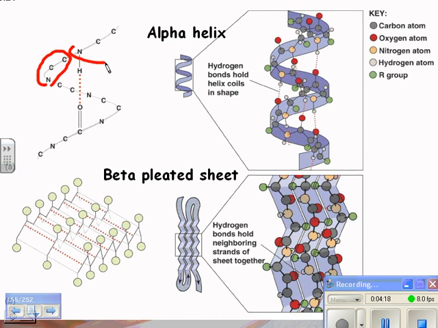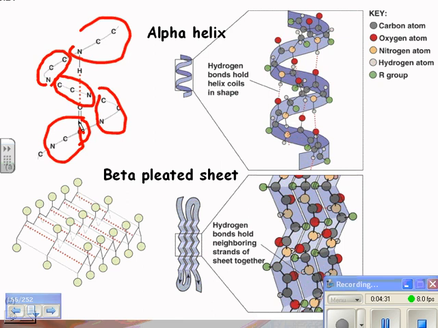Here would be this amino acid. Anyway, this one is attracted to the one way down here. So here's the next one. Here's the next one. So the carboxyl group here is attracted. It has a hydrogen bond with the amino group way up here. So that's actually 1, 2, 3 amino acids in between them. Here's a beta pleated sheet, and so they fold over and they make this kind of funky sheet.